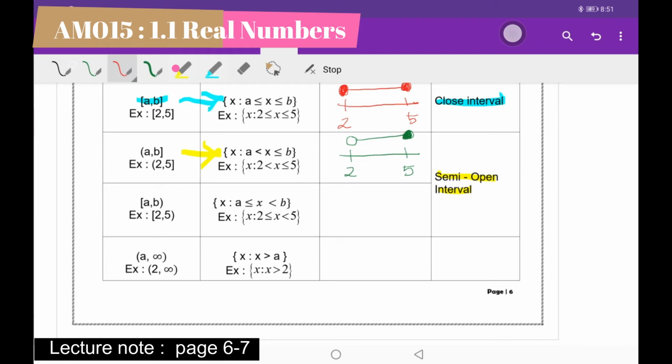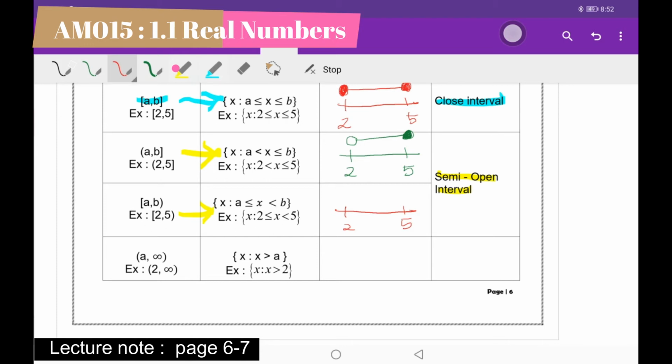Okay, it switches the position. Now 2 uses a square bracket, and for 5 we use a circle bracket. So this is how we write it down in set notation form. Now we want to draw a number line for this interval. So draw a line and write down the numbers 2 to 5.